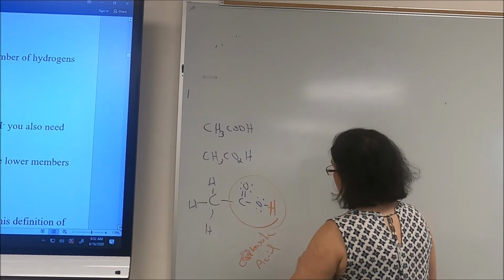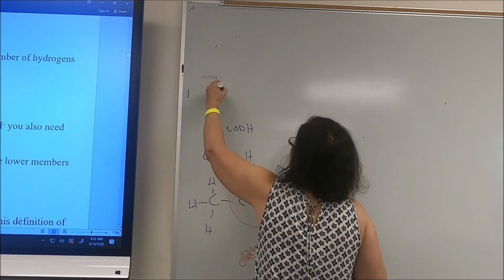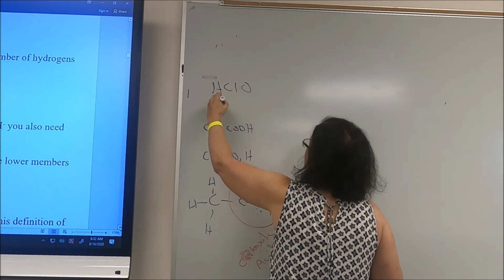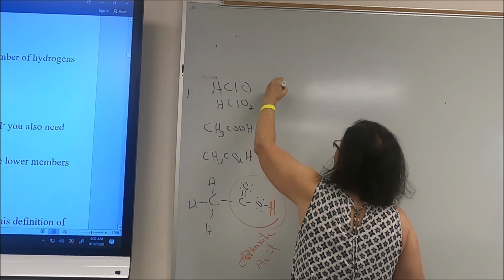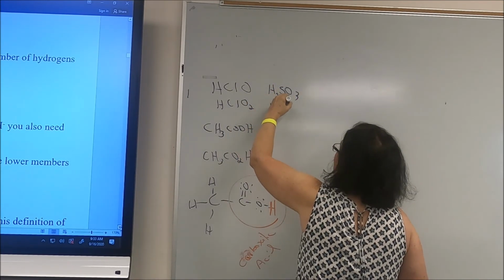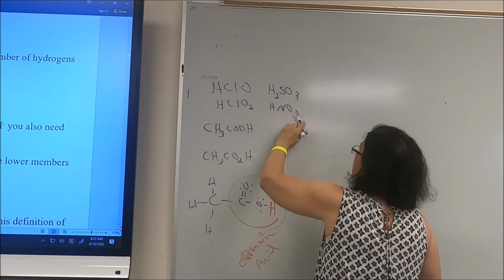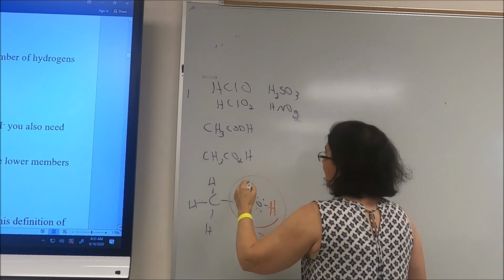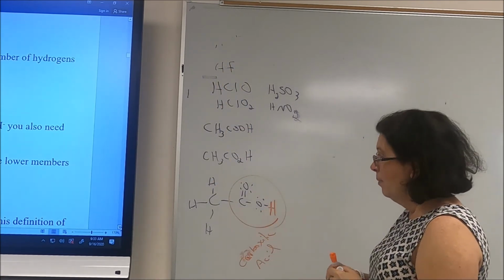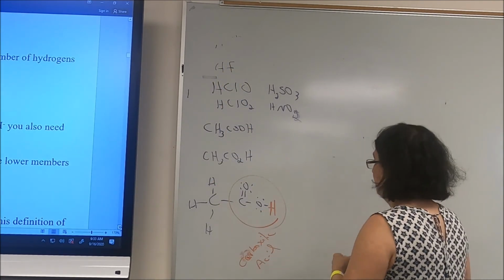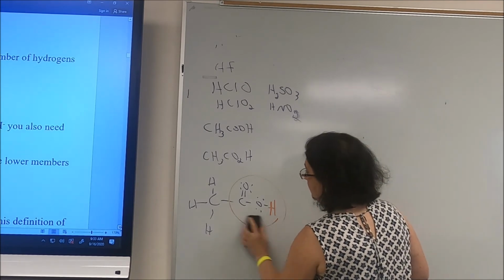Okay, so things like HClO, HClO2, H2SO3, HNO2, carboxylic acids, HF. These are all examples of weak acids. Okay?